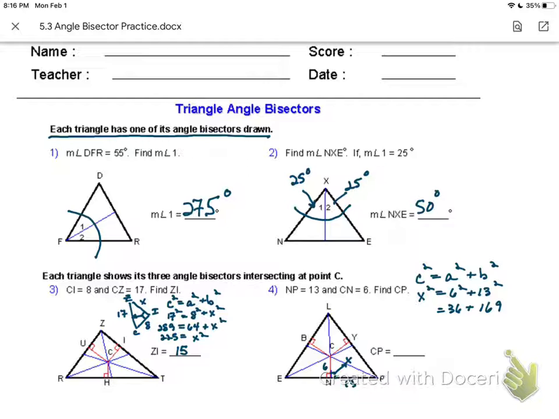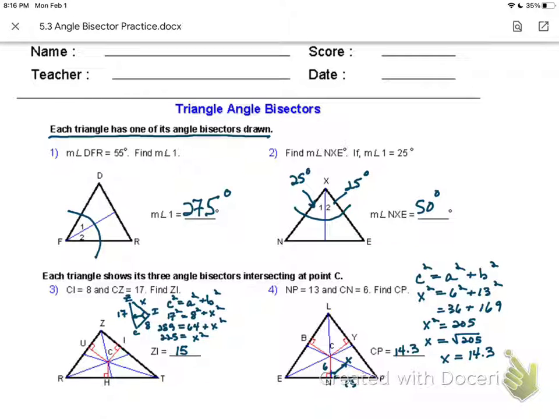So that's my x squared. In order to figure this out, I'm going to take the square root of 205, and let's take it to the nearest tenth. The square root of 205 is going to be 14.3 to the nearest tenth.